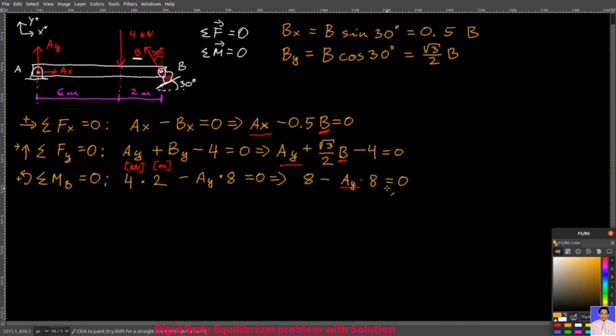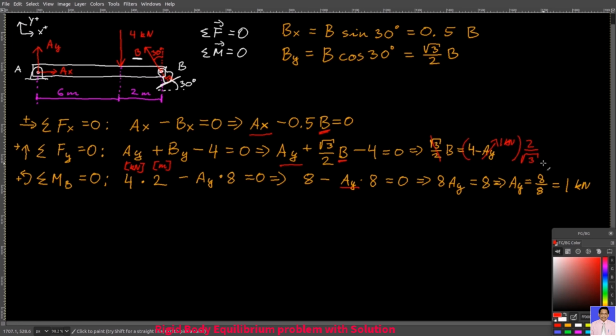From the last equation, you have 8 times Ay equals 8. So Ay equals 8 over 8. That's 1 kilonewton. Then in the second equation, you can rewrite it like this. You know that Ay is 1 kilonewton. You can also get rid of this one here if you put it here like this in reverse.